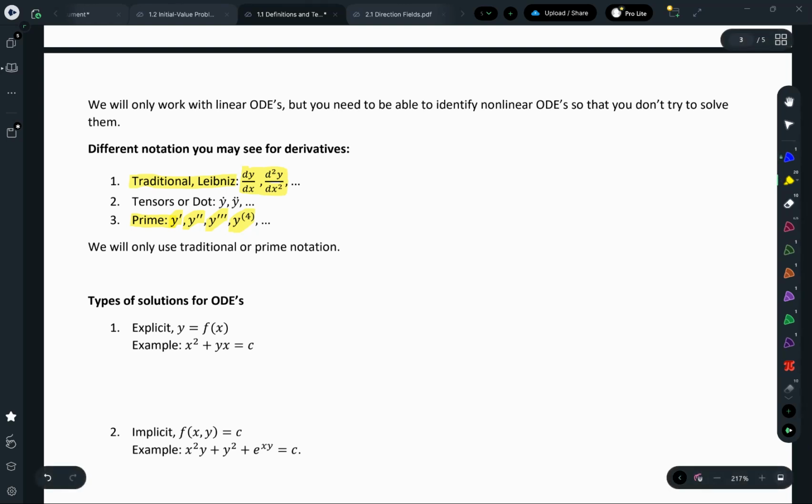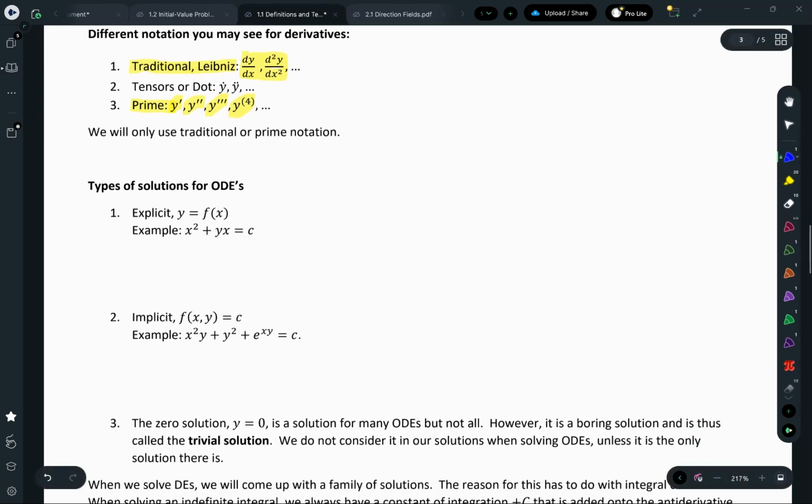All right. We have different types of solutions for ordinary differential equations, and the reason for that is that sometimes when we find a solution, the method that we use to solve the differential equation gave us an answer where we could solve for y. But sometimes it gives us an answer where we can't solve for y explicitly, okay?